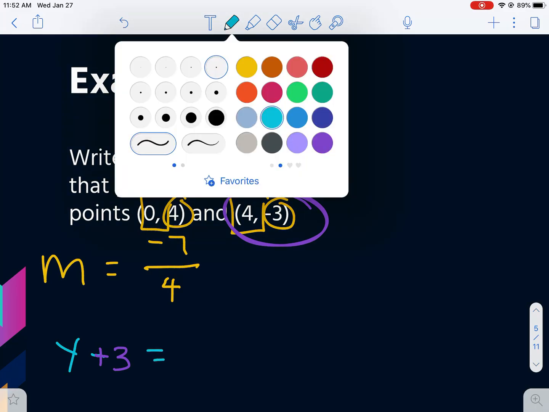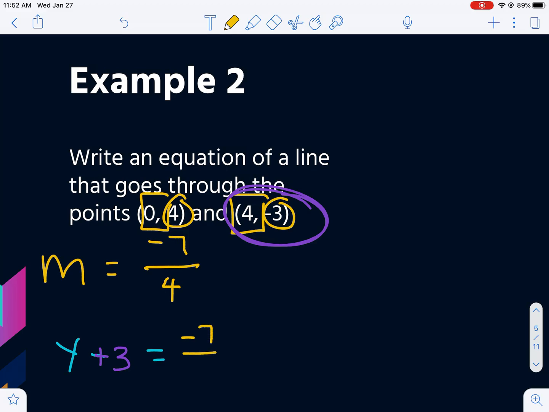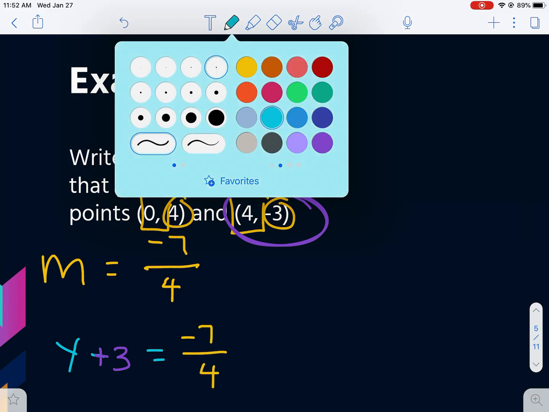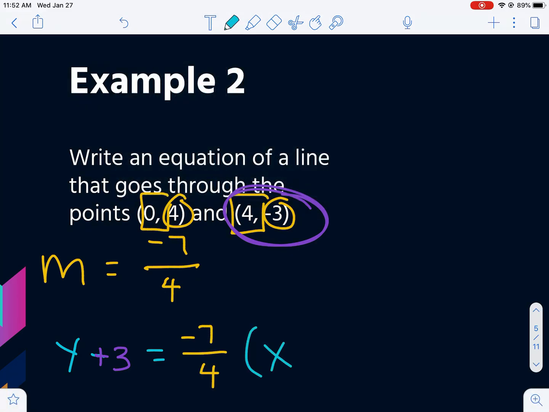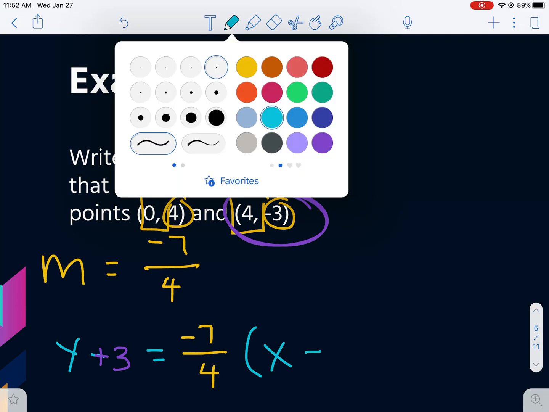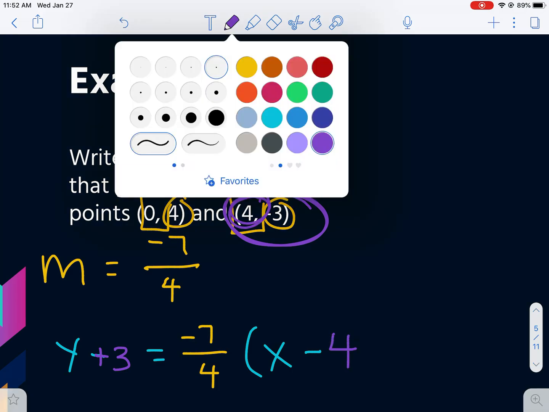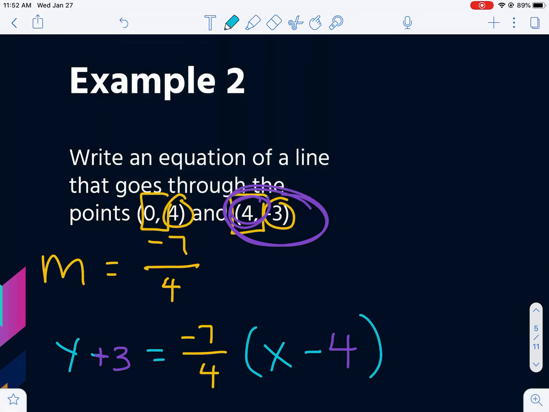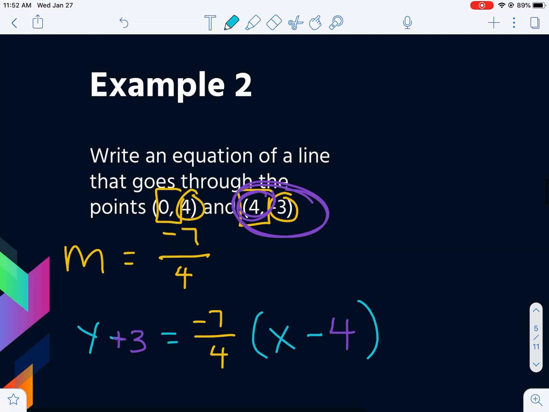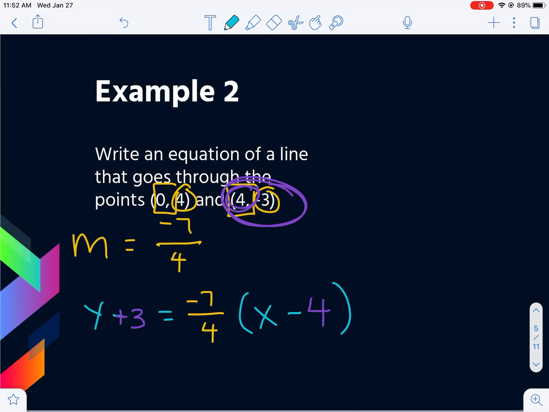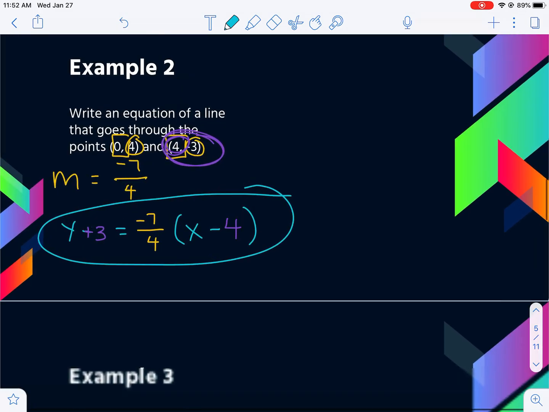That has to equal my slope, negative 7/4, times x minus 4. Again, if it says it needs to be in slope-intercept form, then I'm going to go ahead and distribute and clean things up. But if it's just asking for any equation, this works just fine as an equation.